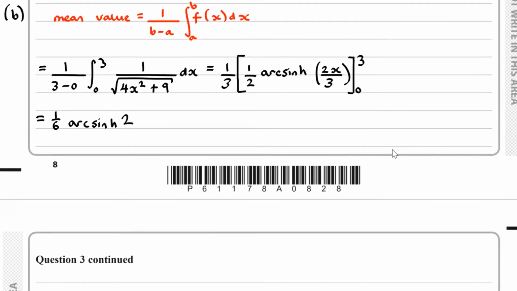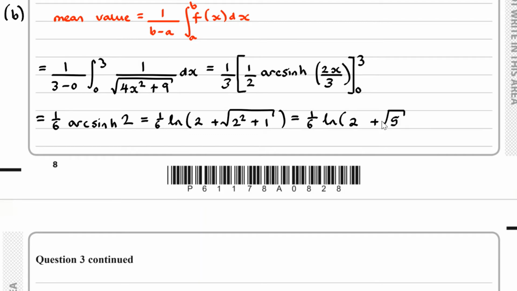So if we write that down, we have 1/6 times the natural log of 2 plus the square root of 2 squared plus 1. So we have 1/6 lots of the natural log of 2 plus the square root of 5, which is our final answer.